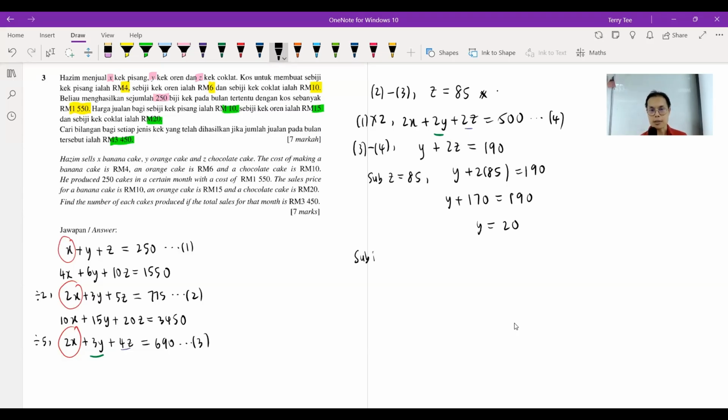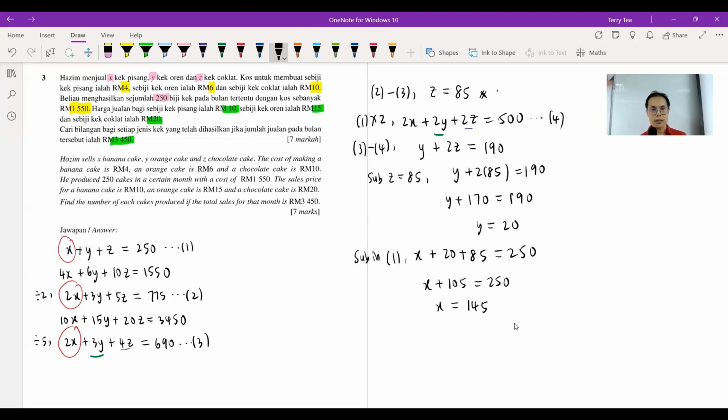Then let us sub inside equation number 1 because I already know my y and my z. I just need to find x, right? You gantikan dalam persamaan 1. Your x is an unknown. Your y is 20. Your z is 85. The result is 250. So x plus 105 is 250. 250 minus 105 is 145.